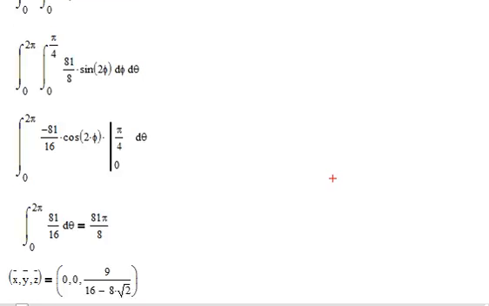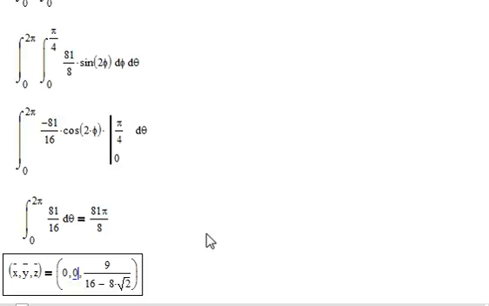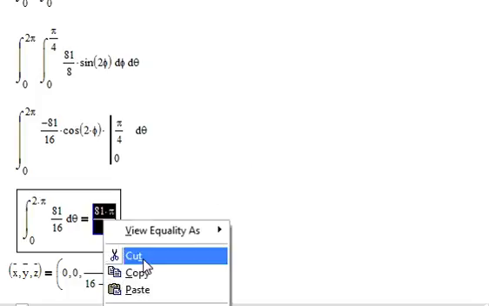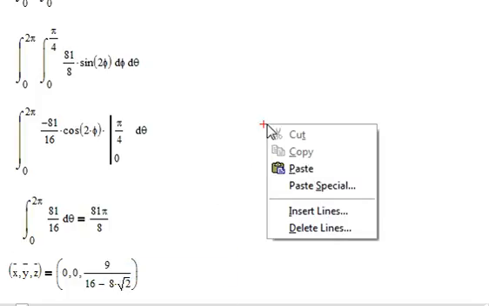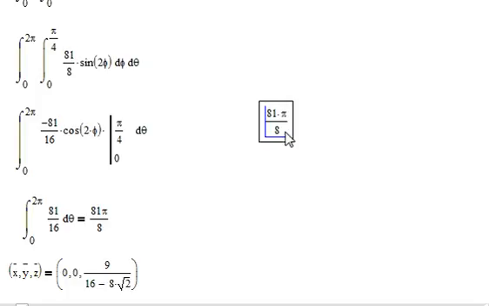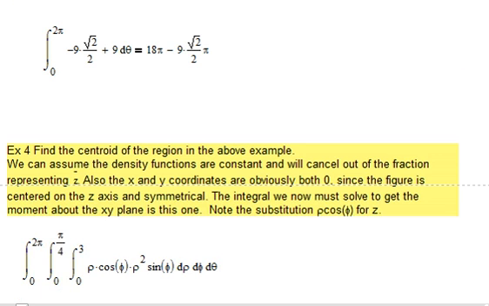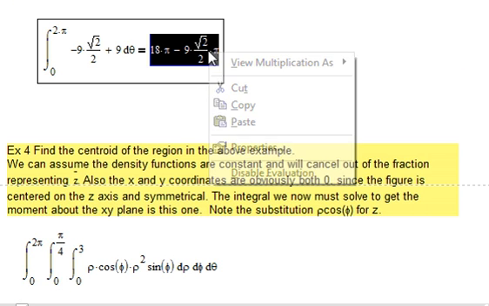So our centroid, x is 0, y is 0, z is this number divided by this number.